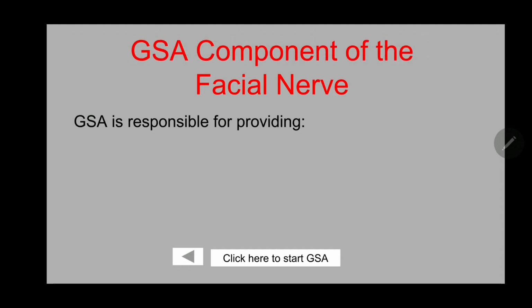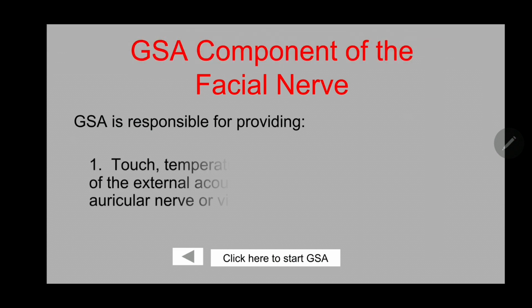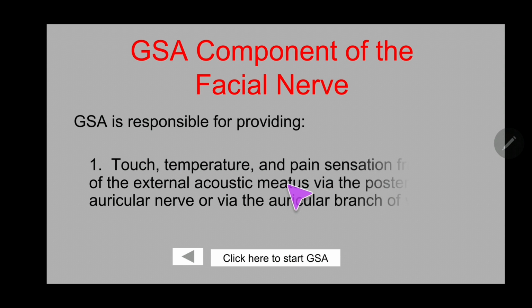The last functional component now, that is the general somatic afferent component of the facial nerve. Now GSA is responsible for providing what sensations? Remember, touch, temperature, pressure, pain, vibrations, right? All exteroceptive cutaneous sensations from part of the external auditory meatus via the posterior auricular nerve.